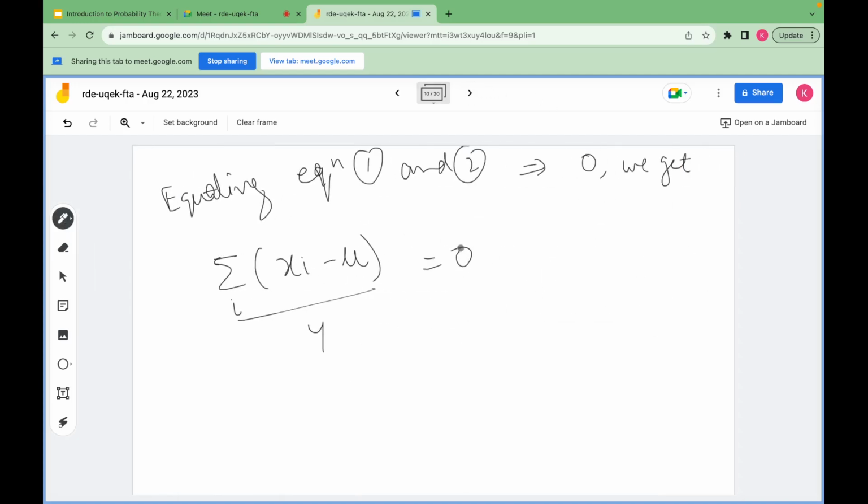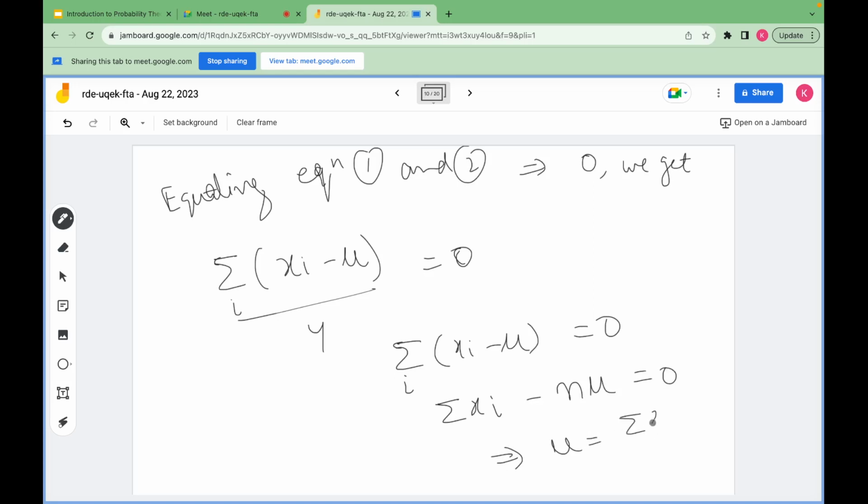So this is 0. So this sigma xi minus mu is equal to 0. This is nothing but sigma xi minus n mu equal to 0, which will give us mu is equal to sigma xi upon n.